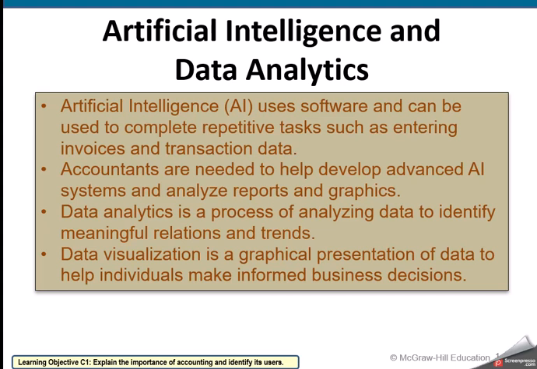AI, or artificial intelligence, is kind of the newest buzzword in accounting, as well as data analytics. So artificial intelligence can handle very redundant tasks that we could set up like a computer program that will automatically do some of these things. So it takes a lot of the redundancy away from the accountants, so then the accountants can do more of the analytical things.